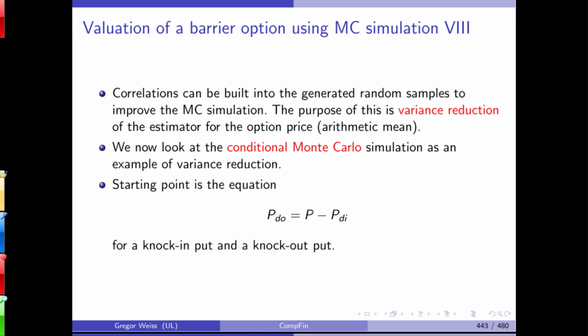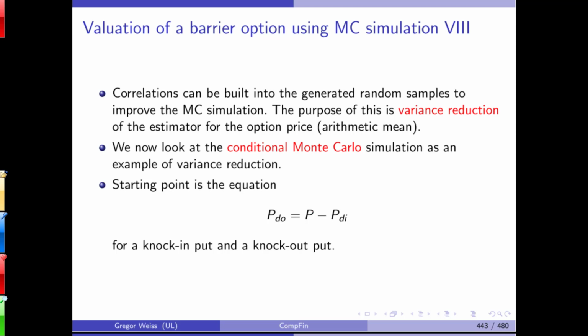Why is it weakly path dependent? Because it's still a very simple plain vanilla put. The only thing that is path dependent is the question: is it knocked out? Is it not knocked out? If it's not knocked out, it's a plain vanilla option.